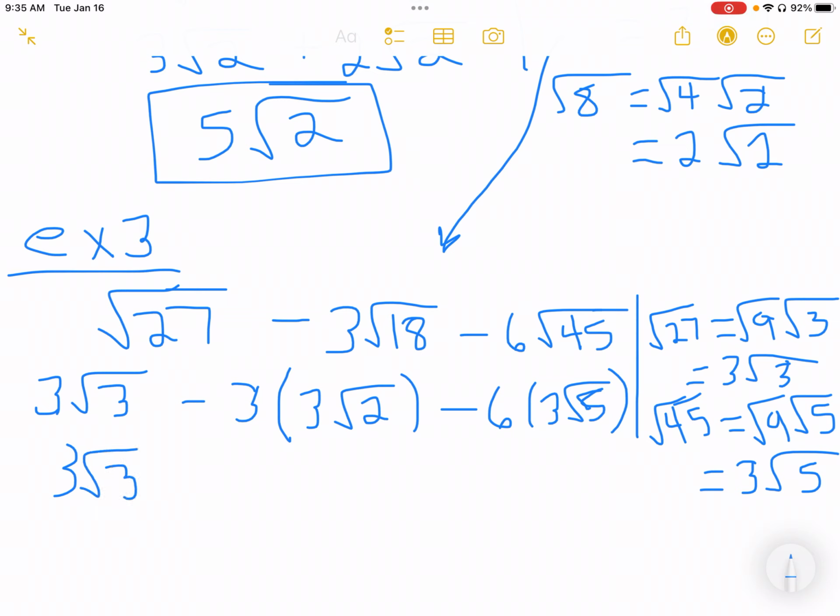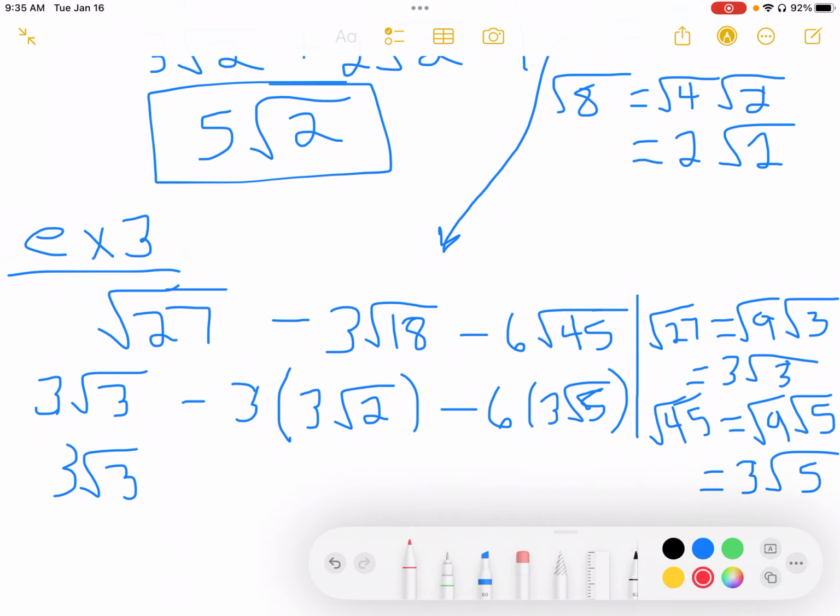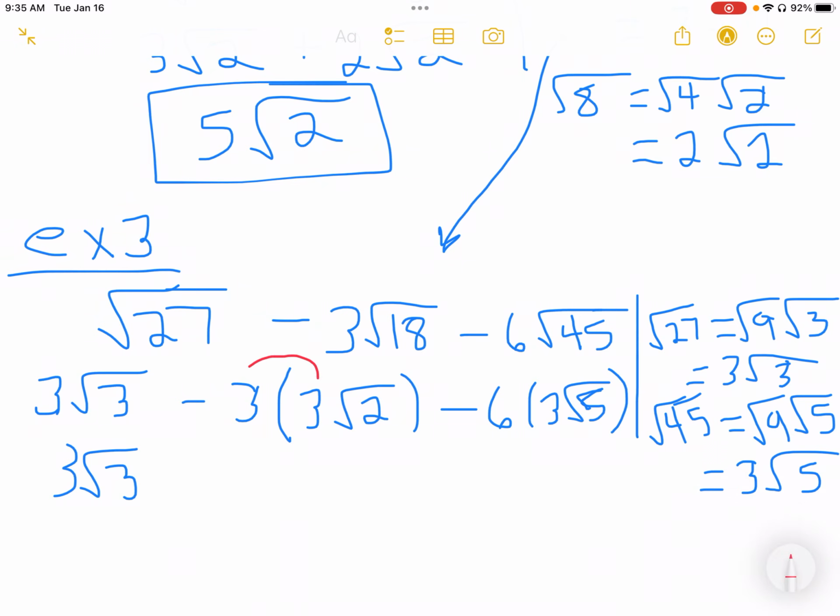And then right here, this is distribution. So let me get a line here. Then I say, okay, I can multiply that, and then I have minus 9 root 2. It's not the same as root 3. And this last one, I'm going to multiply like this. Then I'll have minus 18 root 5.